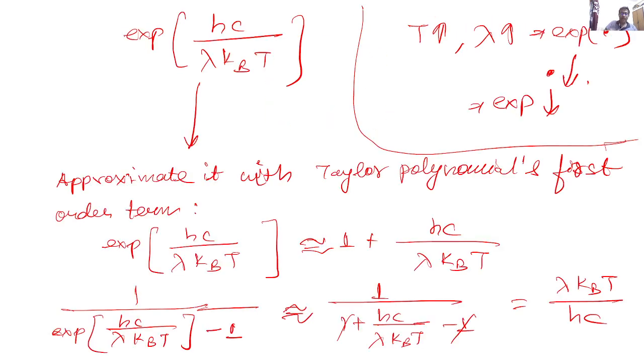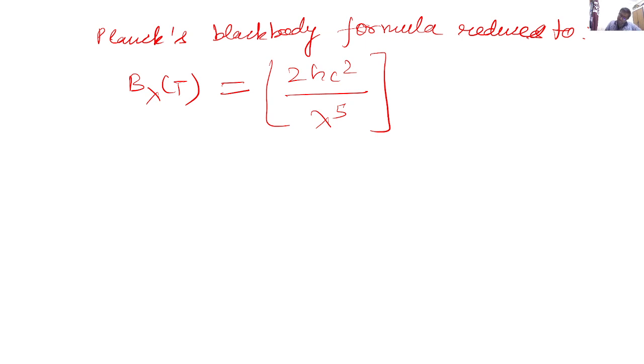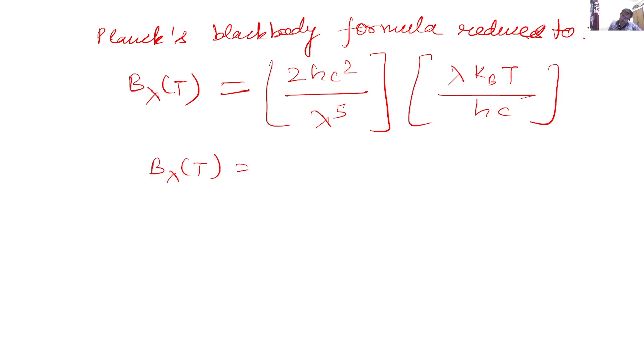And what did we approximate this exponential term to? It is basically lambda kBT by hc. So we are left with B lambda T is equal to 2c kBT by lambda power 4.